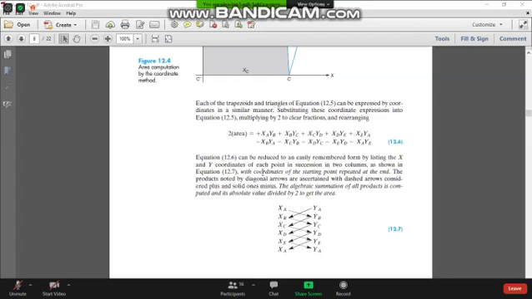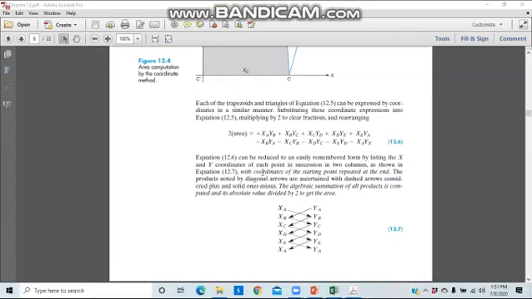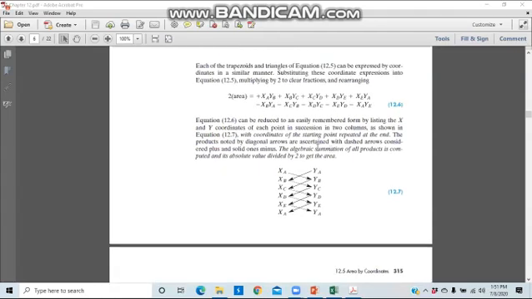Now there is an easy way to develop this equation and calculate the area. And let's see what is that easy way. The equation 12.6 can be reduced to an easily remembered form by listing the x and y coordinates of each point in succession in 2 columns as shown in figure 12.7.